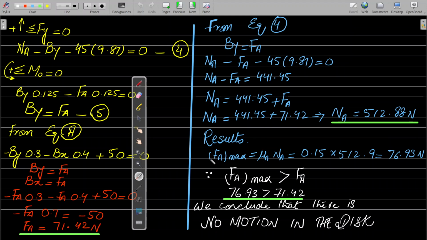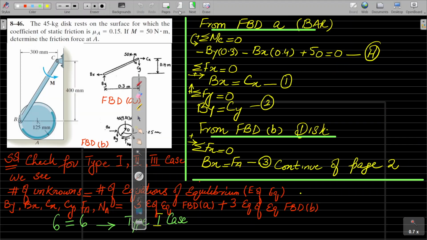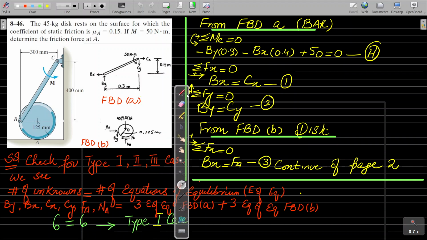Now we have to deduce our results. Since it is a type 1 case, Fa max equals to mu A into Na. Mu A is 0.15 and this Na we have just calculated, 512.88, which gives 76.93 Newton. So the maximum friction force at the point A will be 76.93 Newton. If this Fa force exceeds the maximum force, then the disc will slip.